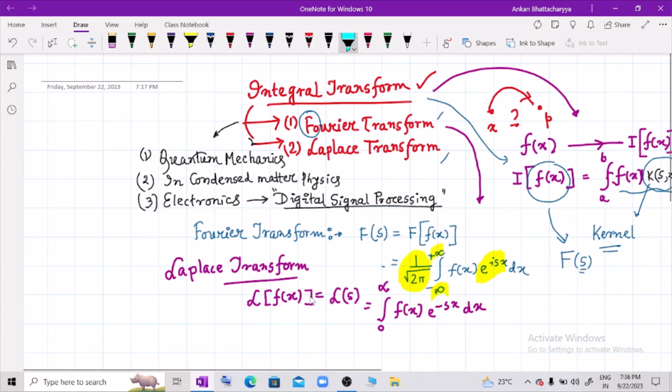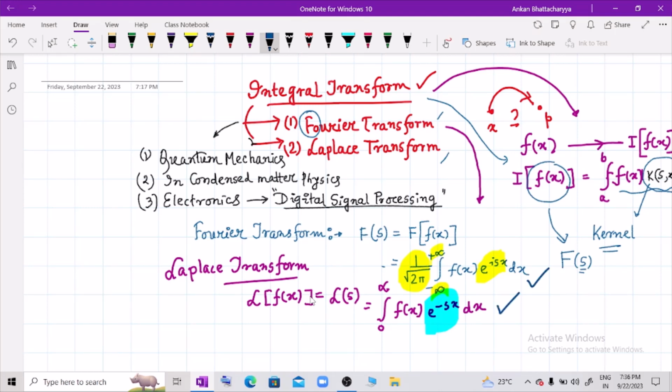Okay, so here you can notice that the kernel is e to the power minus sx, whereas the kernel in case of Fourier transform is this. So depending upon this value of kernel, we can classify them as the Fourier transform and Laplace transform.